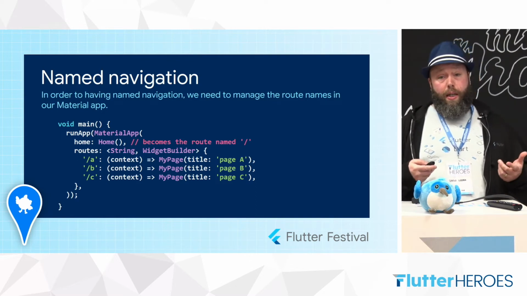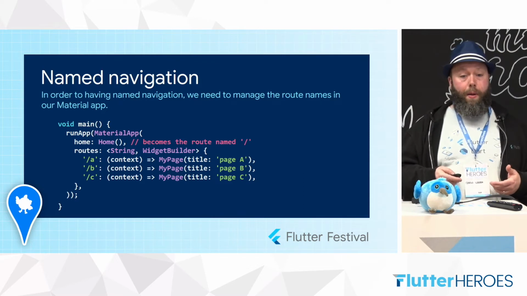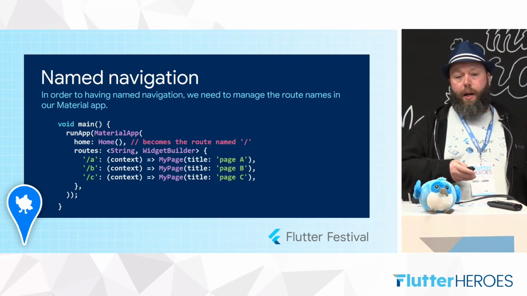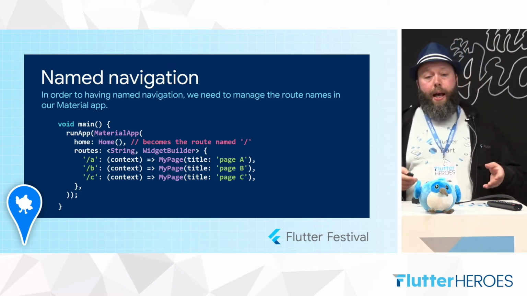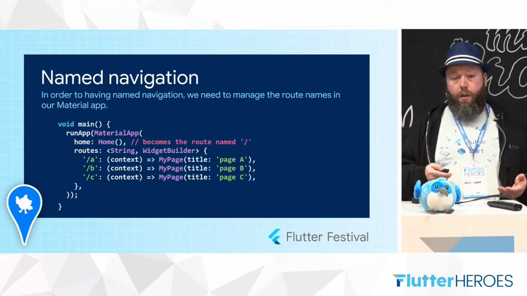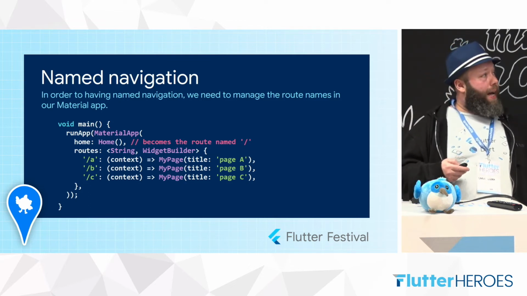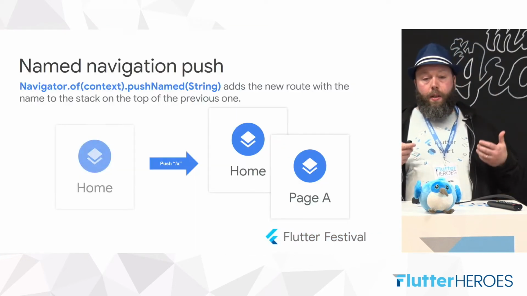This is, as I said, really useful on the web, because our application will start at simply slash, and we will add to the path the new routes. So for example, slash A will navigate to the page A in this case.